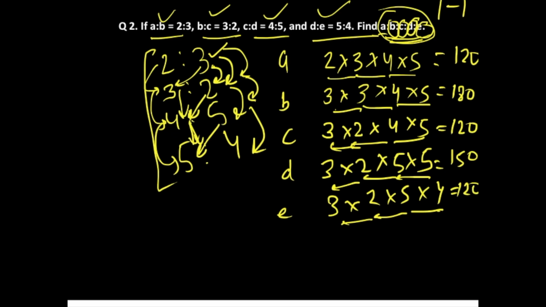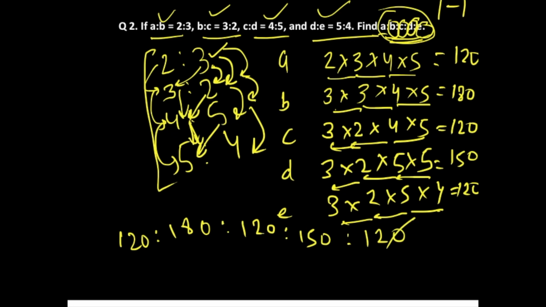So your ratio becomes 120 is to 180 is to 120 is to 150 is to 120. You will have to simplify these terms so that your final answer does not carry more than one multiple. So how do you get the 0 cancelled out?